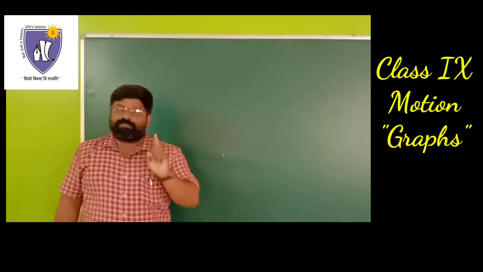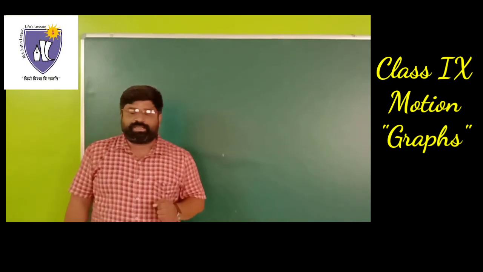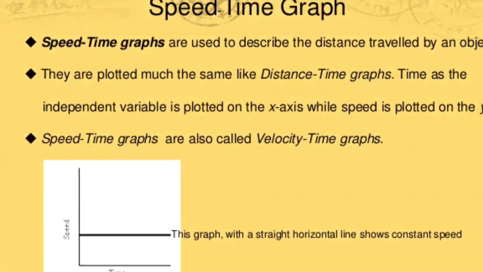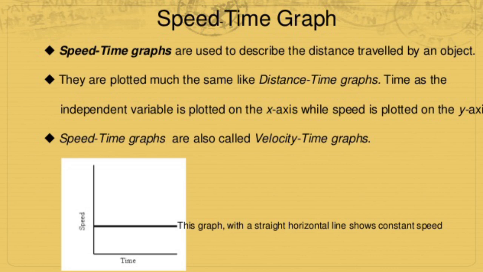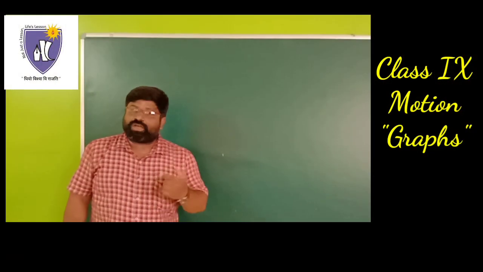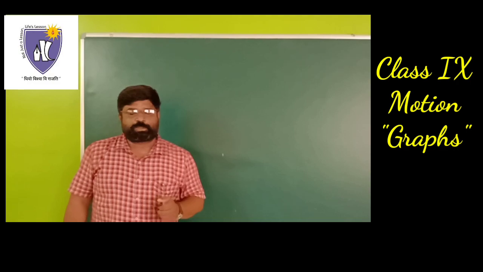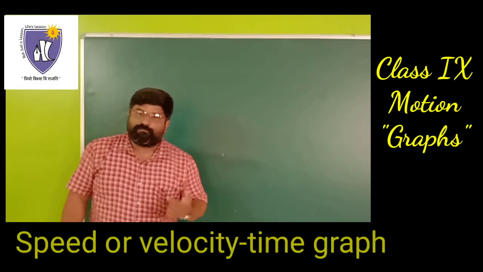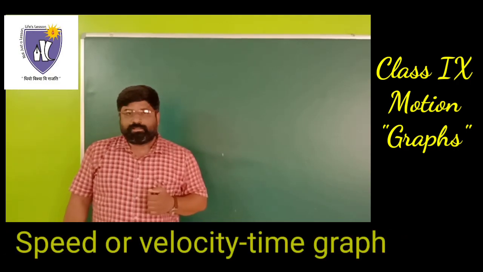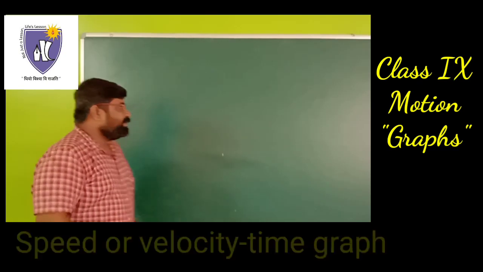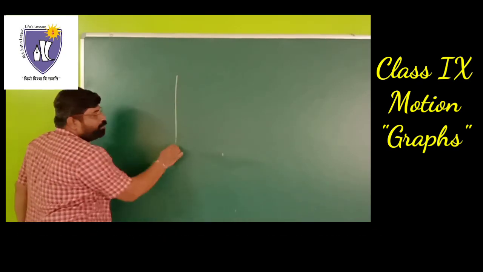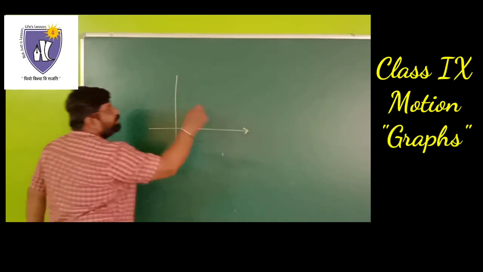This is the first type of graph that I had explained to you. The second type is the speed time graph or velocity time graph. Now in this lecture we are going to study the second type of graph, that is the speed time or velocity time graph.